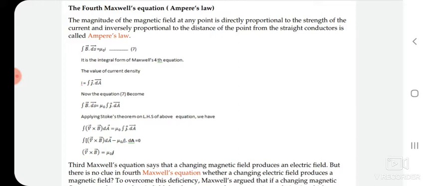These equations explain how magnetic and electric fields are produced from charges. These equations are part of a comprehensive and symmetrical theory of electromagnetism, which is essential to understand electromagnetic waves, optics, radio, and TV transmission.